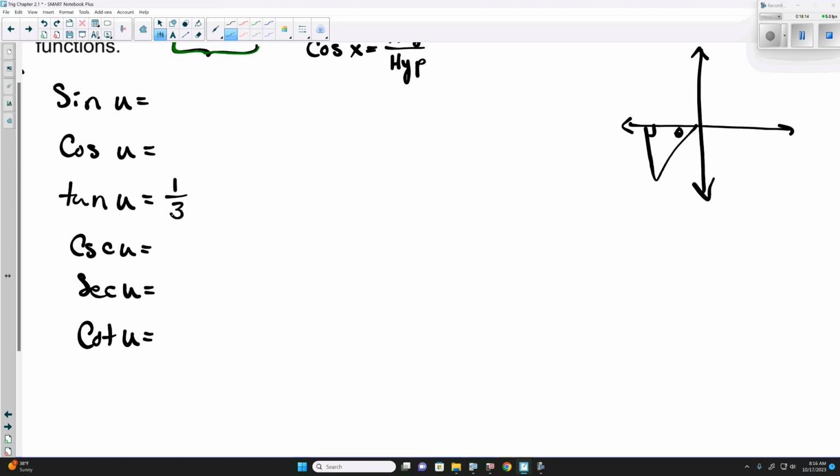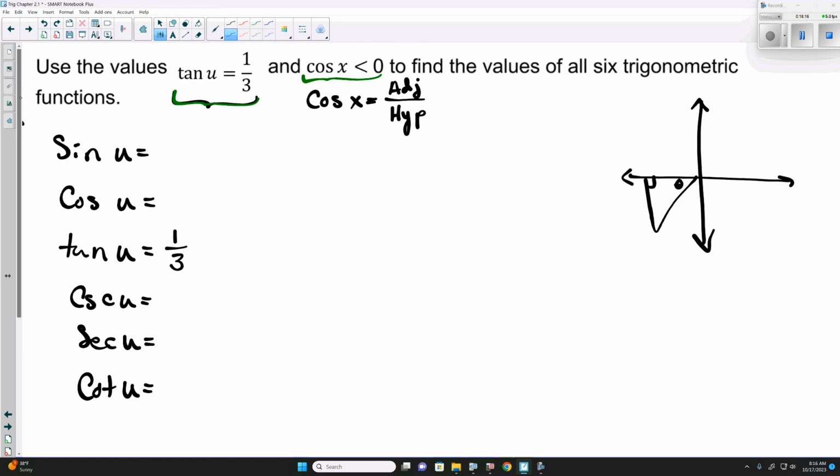And the only one we know for sure is, well, not technically. We know tangent's 1/3. So what's cotangent? 3 over 1, or just 3.